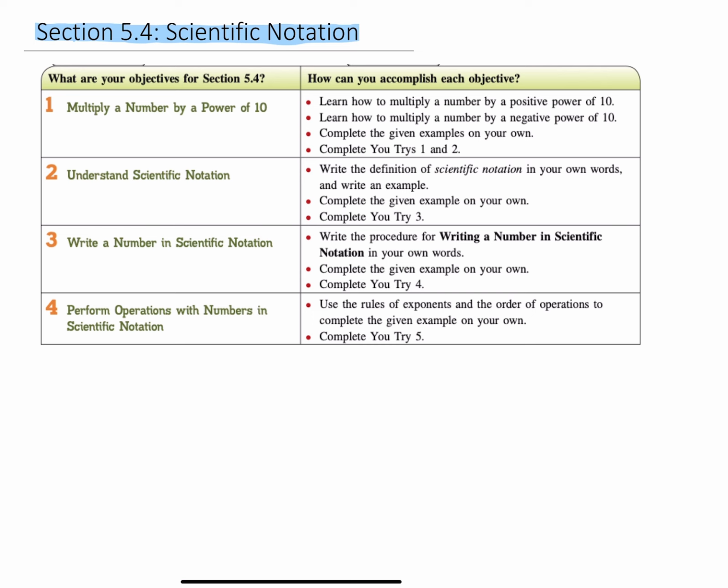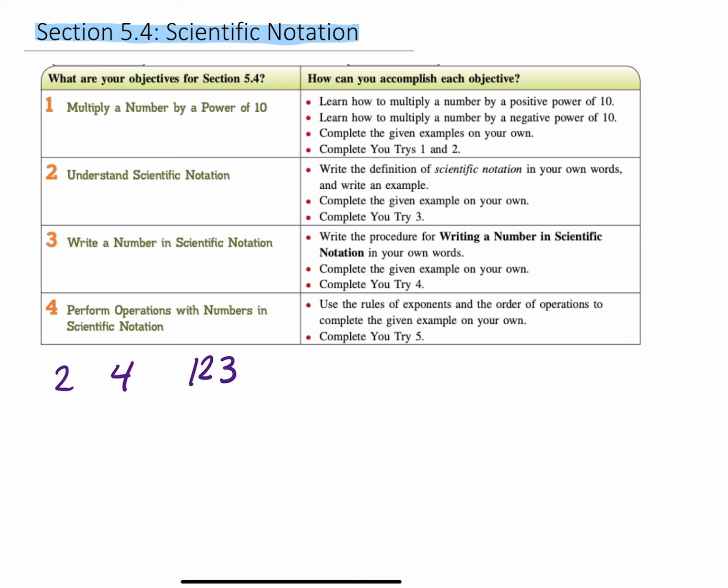Scientific notation is a way of being able to easily write and work with really small or really large numbers. So far, we've been working with numbers that are pretty close to zero. We work a lot with whole numbers, maybe some slightly large numbers, a few numbers with three digits.